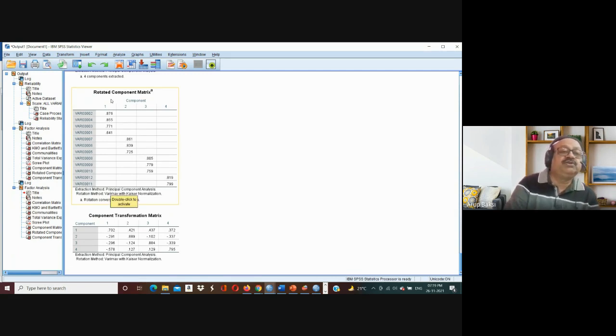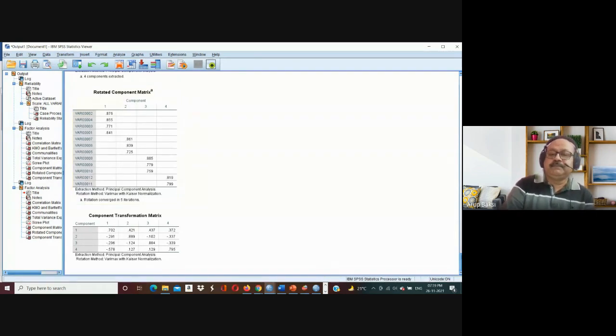It may happen so that variable 11 and variable 3 and variable 4 are in 1. It may happen so that variable 7, variable 12, and variable 6 are in component 2. So the study of these variables, what they intend to capture, what they intend to define, carries a lot of meaning in interpreting it and deciding on a suitable name for this particular factor.